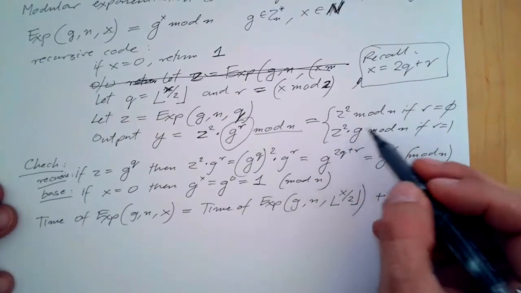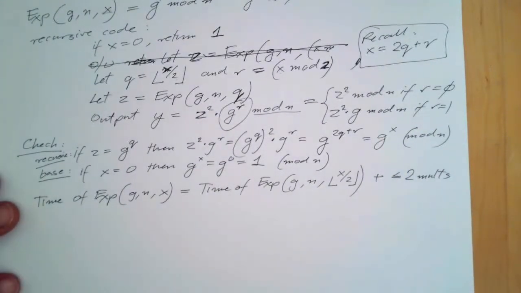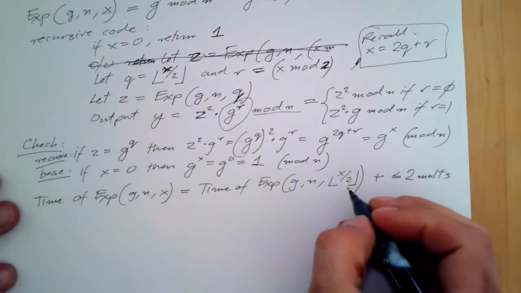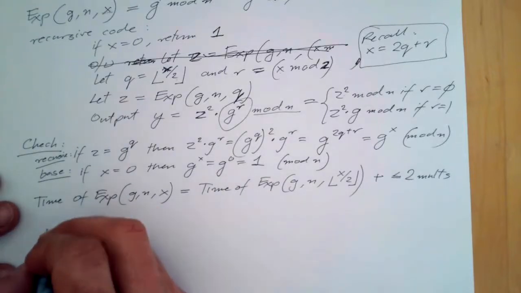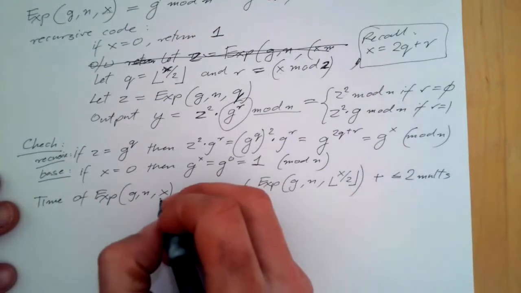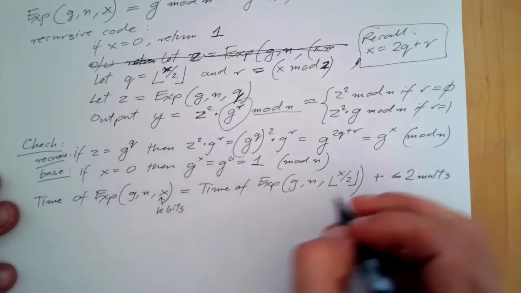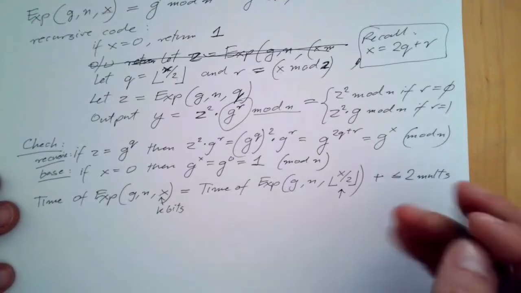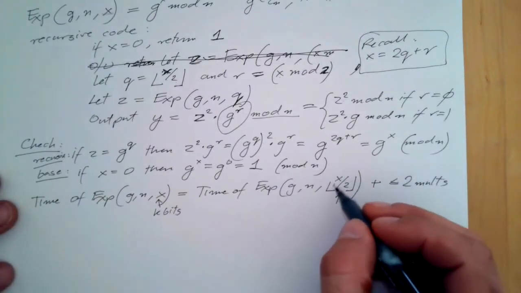But recursively, if this guy had, let's say, k bits, then how many bits does this guy have?